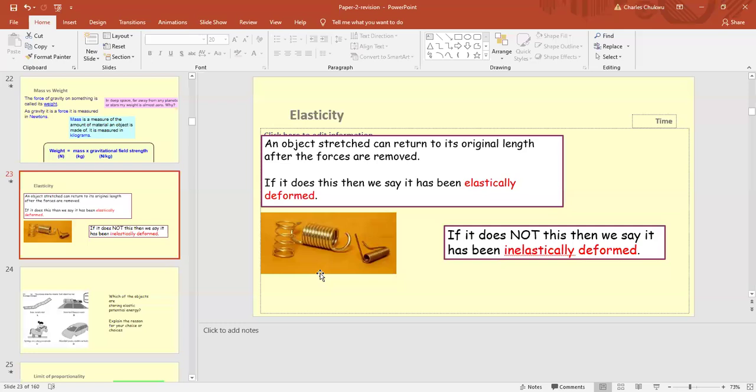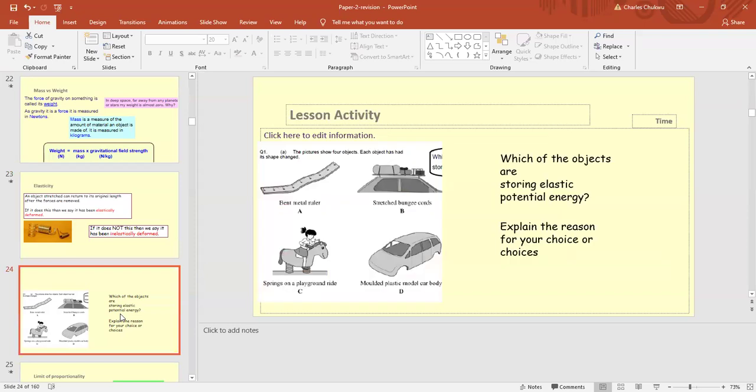If it's elastically deformed, an object stretched can return to its original length after the forces are removed. If it does this, then we say it has been elastically deformed. If it doesn't, then we say it has been inelastically deformed. That's probably as a result of putting a weight that's too heavy for the spring to carry.